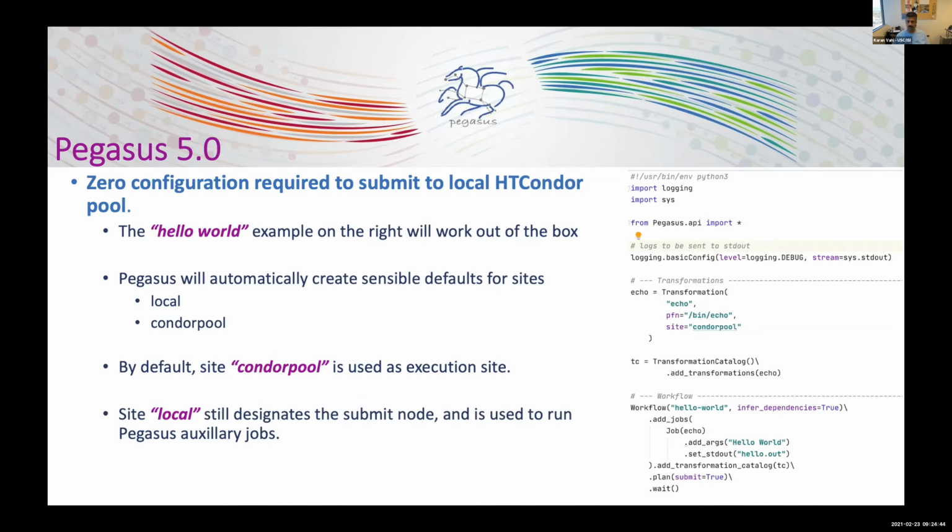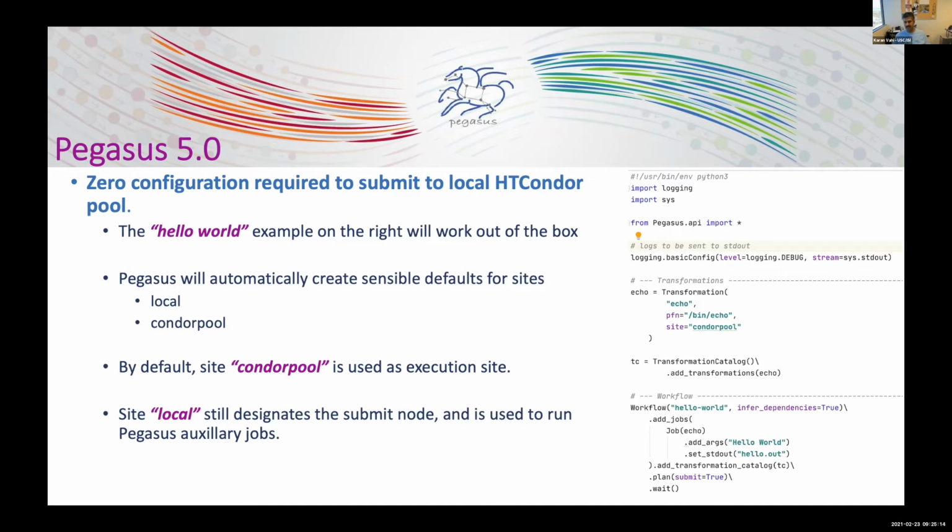So let's say you have your desktop, you do an RPM install of Condor and an RPM install of Pegasus, you can literally get started running workflows with zero configuration. And you don't need to configure any catalogs. Pegasus will automatically create sensible defaults for the various sites in question. And by default, Pegasus has a notion of a local site that, as you all know, refers to the submit host.